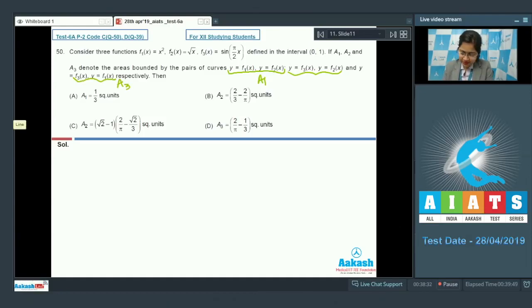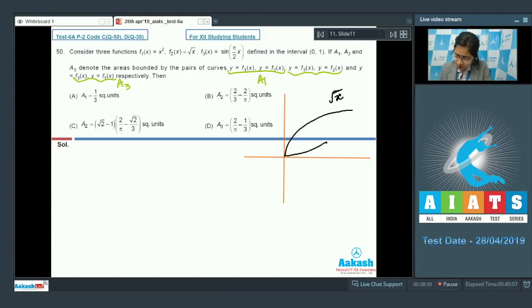Now, firstly, let's make the graph of the three functions. f2(x) will be something like this, because we know the graph of y square equal to x, that is y equal to root x, and the graph of y equal to x square is something like this. And we have to find the graph of sine(pi x by 2). That is the most interesting one.